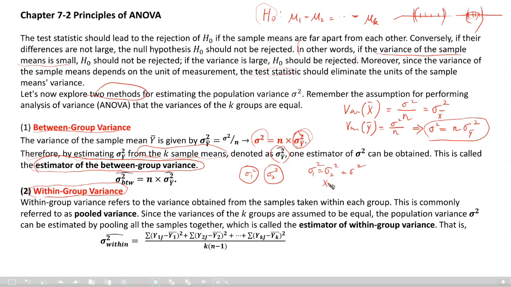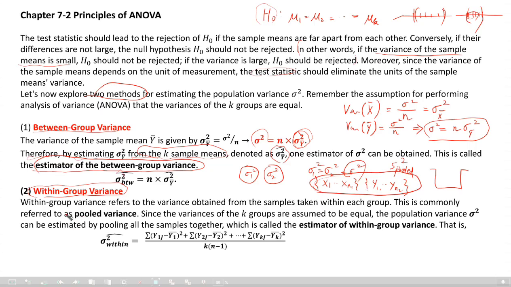Then from population 1 we have sample X, from population 2 sample Y, and we pool them and call it the pooled estimator. We have to pool those two samples into one pool and estimate sigma square. At that time we denoted it by the pooled estimator of sigma square.